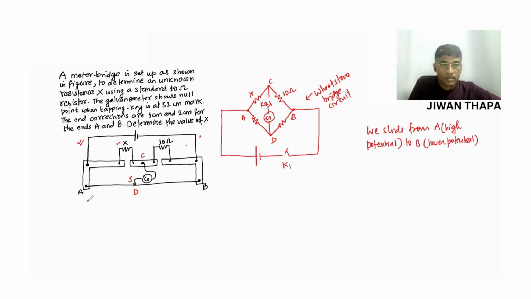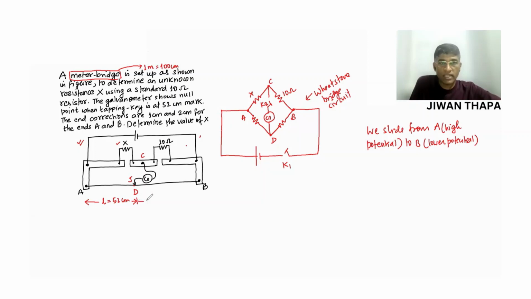So we have null deflection at D, and this length is 52 centimeter. Clear? And we know the total length of the standard meter bridge is 1 meter or 100 centimeter.